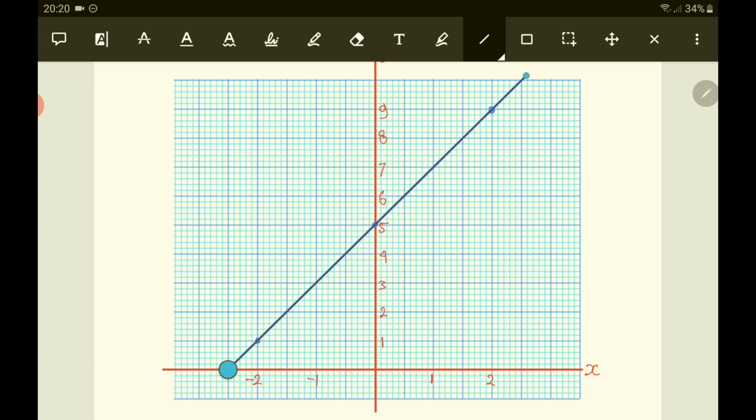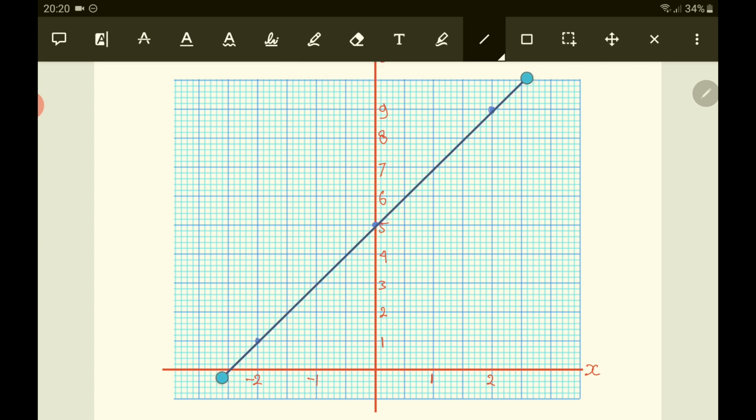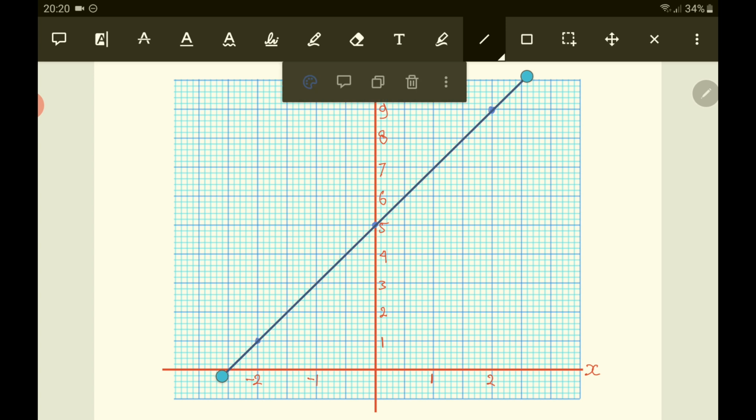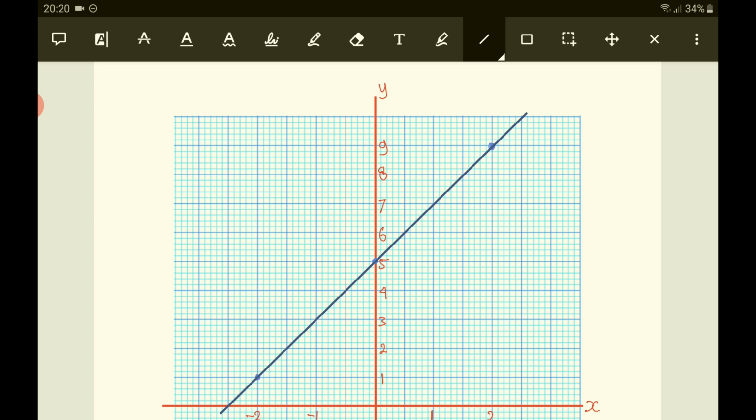Actually you can extend it, so you are not bounded by the dots. You can make a longer line than just from dot to dot. So you got this. All right, this is the line of the equation.